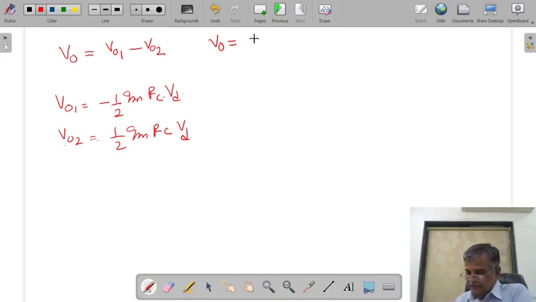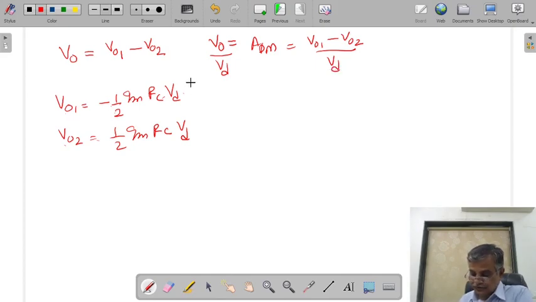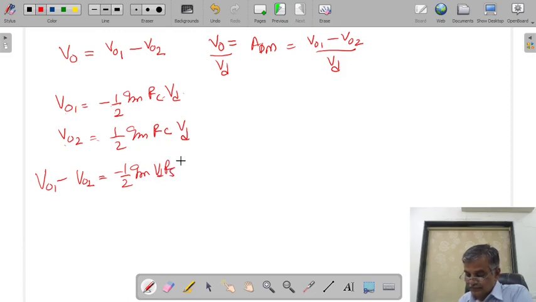So I have to find VO upon Vd, which is called the differential gain: VO1 minus VO2 upon Vd. The difference of these two, VO1 minus VO2, I can write as minus 1 half Gm Vd into Rc minus 1 half Gm Vd into Rc.